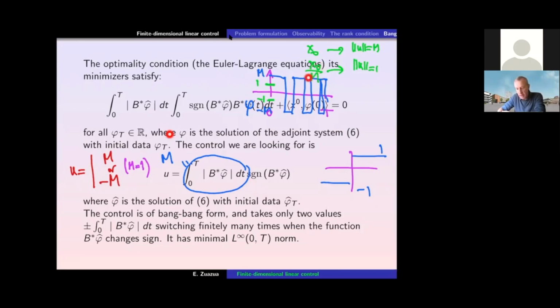I am just controlling a percentage of X0, and I really need to control it all. So what is the other possibility I will have?